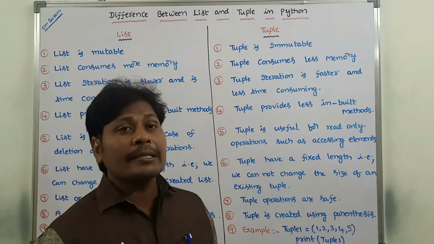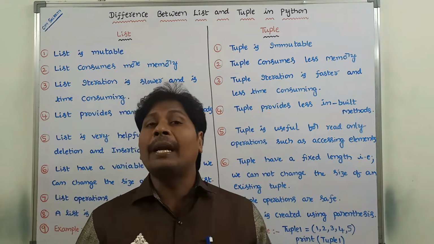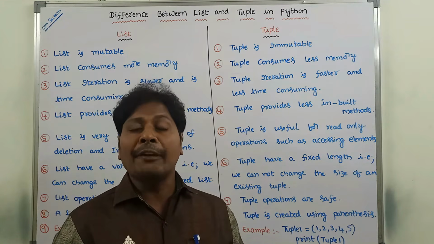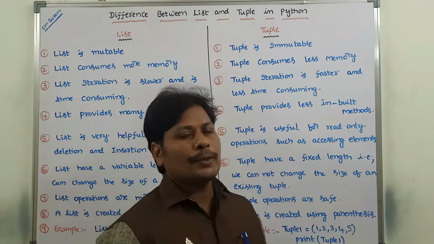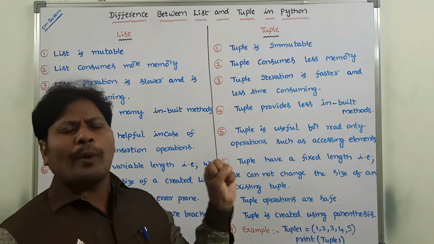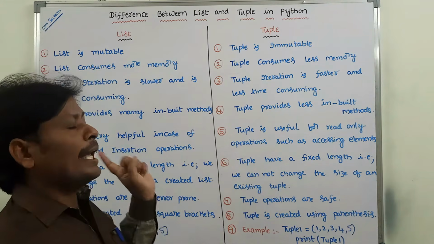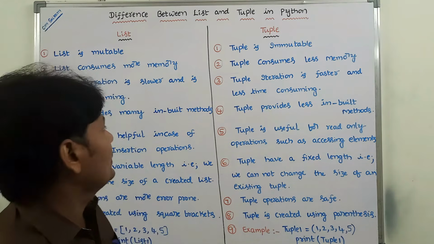Whereas tuple provides very limited built-in functions such as max function, min function, count function, etc. So tuple provides only limited built-in functions, whereas list provides many built-in methods.